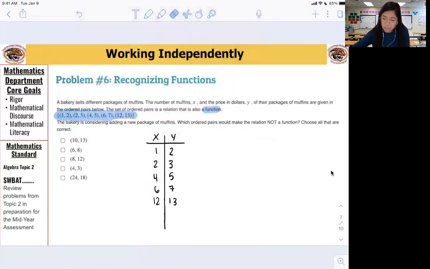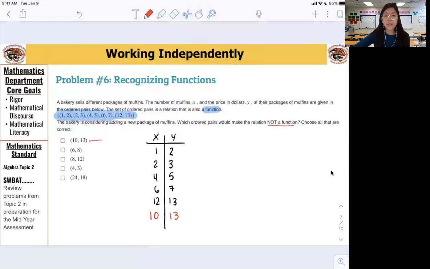Now it's saying the bakery is considering adding a new package of muffins. Which ordered pairs would make the relation not a function? Choose all that are correct. So if I added one of these, which of those would no longer make this a function? Let's take a look. Let's say I added (10, 13).